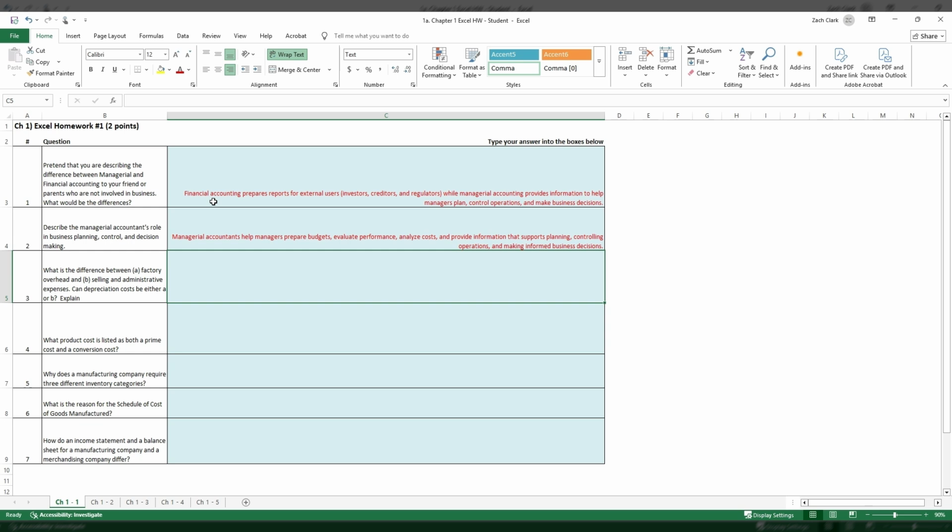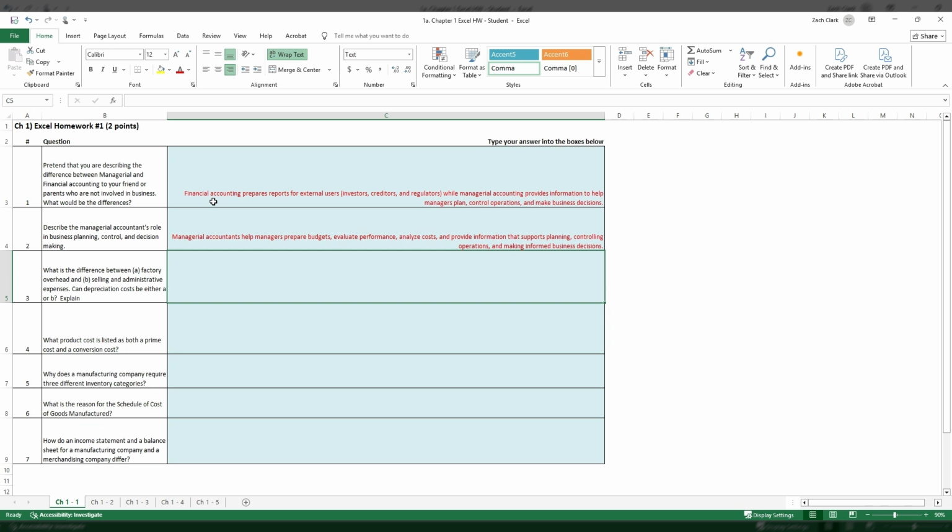So a lot more business strategy, planning, forecasting, understanding the data, and then using that data to make decisions about the company, or to help the team make a decision about the company, the future, etc. Okay, let's look at number 3.